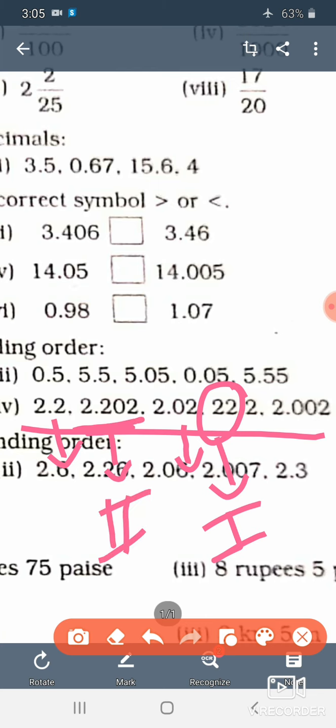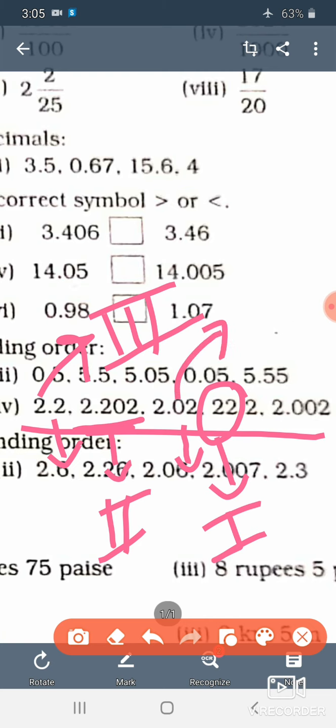This is the second greatest number, and after it, which is the third greatest number? The third greatest number is this one. I'm writing third here. And now the fourth greatest number is this one. The fifth greatest number is this one. This is the least number. Now we have arranged 1 2 3 4 5.